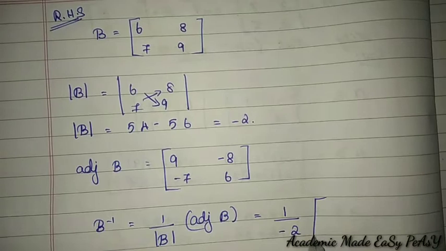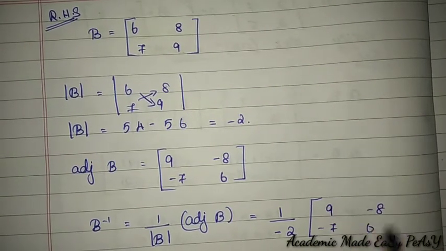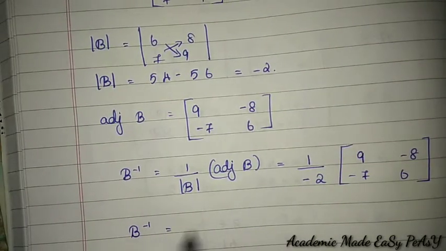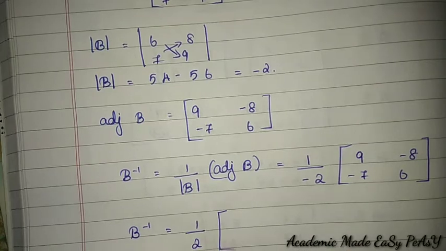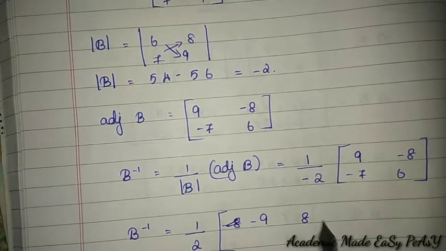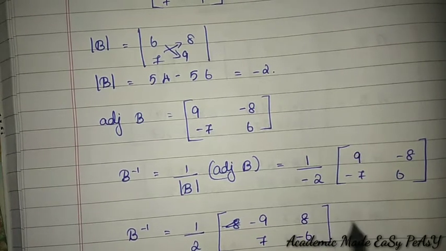Minus 2. So into 9, minus 8, minus 7, 6. So I will be taking the minus sign inside. So 1 by 2 into minus 9, 8, 7, minus 6.